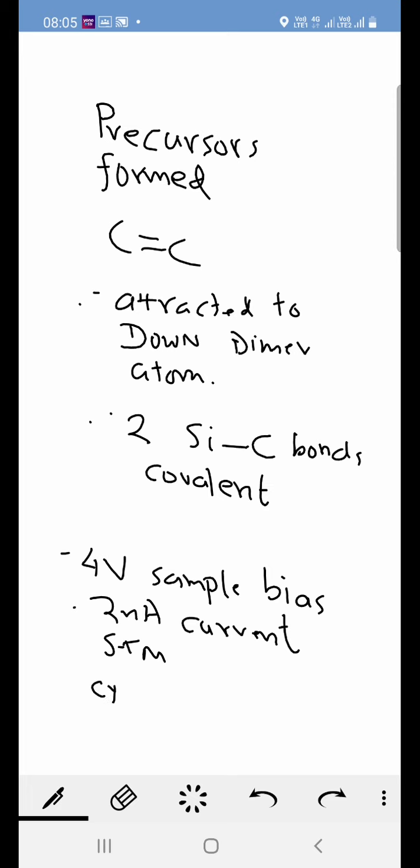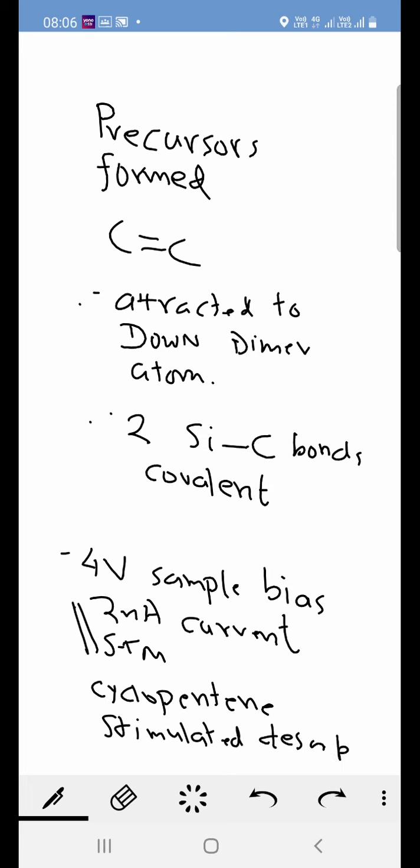And we take cyclopentene adsorbed on the silicon surface. So by providing these conditions, the electron can cause stimulated desorption.